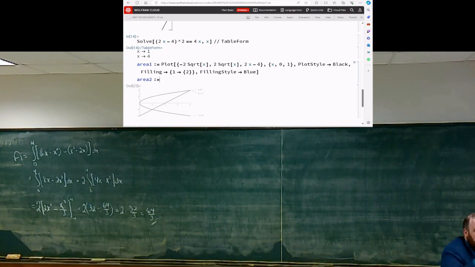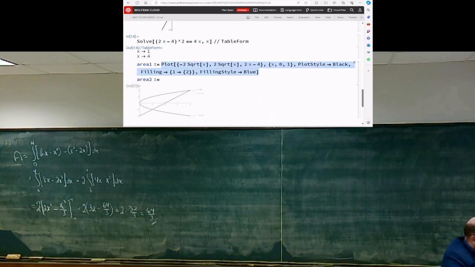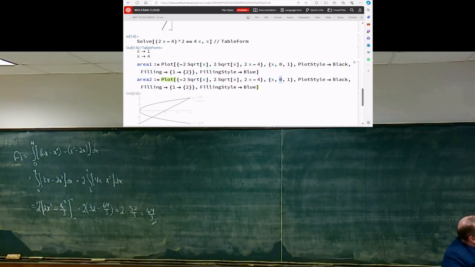Notice I'm using colon equals here so it doesn't spit out 2 plots. I'm going to keep it the same right now. The only thing that I'm going to change, there's two things I'm going to change. The interval now goes 1 to 4. And we said it was now 2 root x to the line, 2 to 3. So that's the second thing I'm going to change.